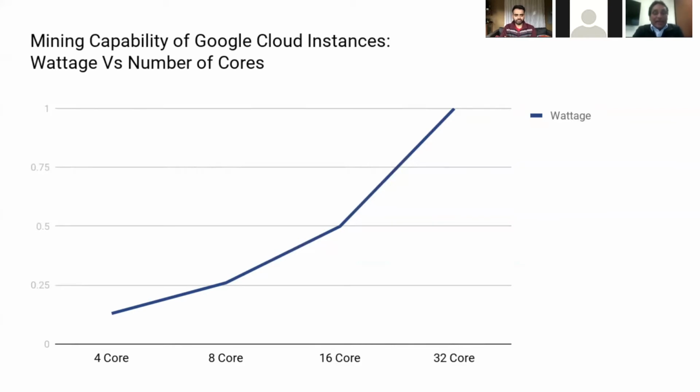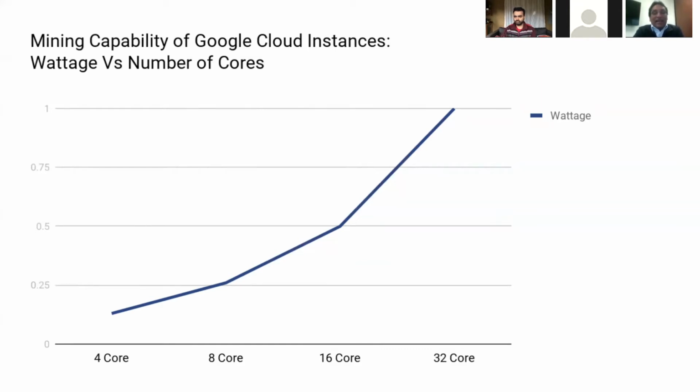Yes. We did a lot of measurements on Google Cloud instances, ranging all the way from single core to up to 64 cores. We used FFmpeg to measure the transcode capabilities and translate it into a wattage as per the previous definition.